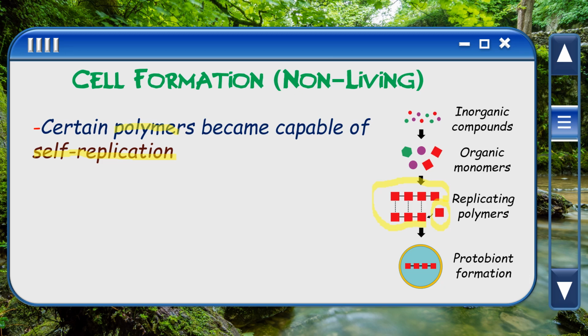Inorganic compounds later formed organic compounds. The organic compounds became the monomers and formed polymers, and these polymers were able to carry out self-replication.